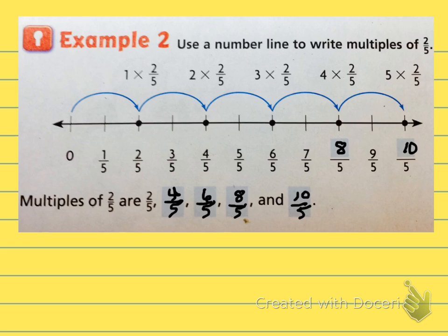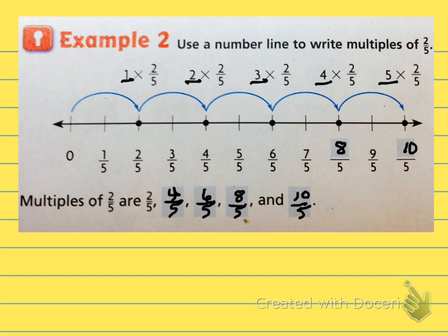What's happening is we are multiplying our whole numbers 1, 2, 3, 4, 5 by the fraction 2/5. This is a non-unit fraction. Why is it not a unit fraction? Because the numerator is not 1.